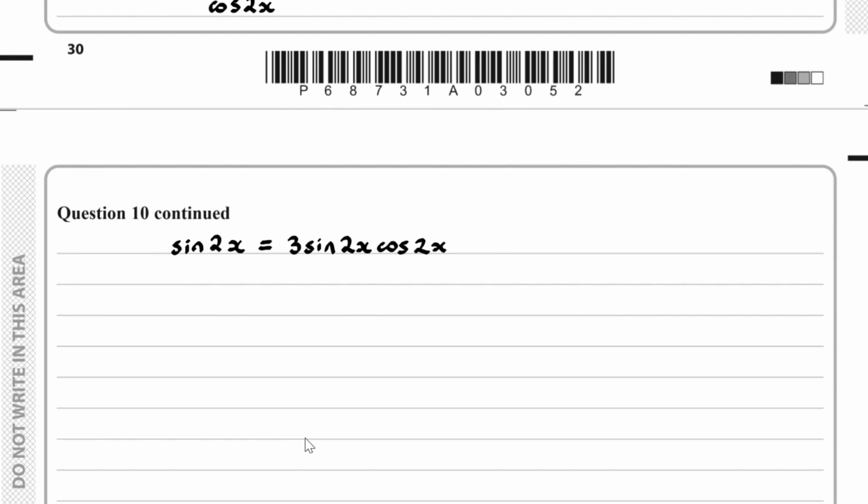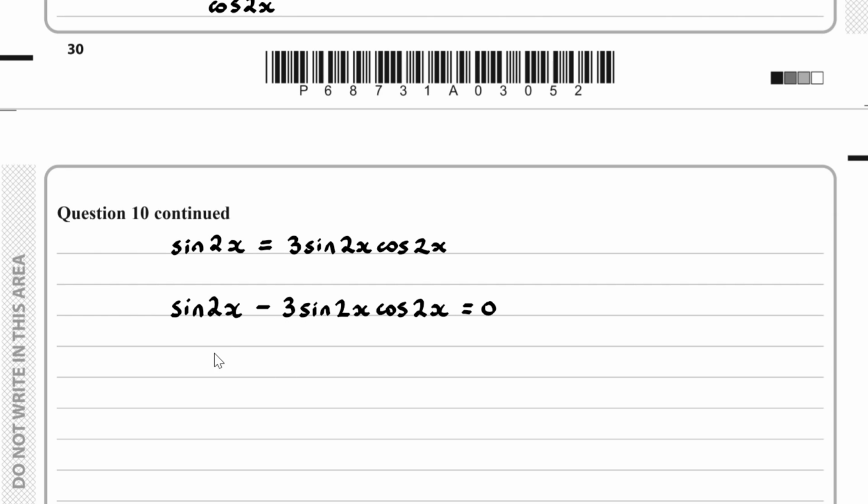And if we take everything over to one side, we've got sine 2x minus 3 sine 2x cos 2x equals 0.